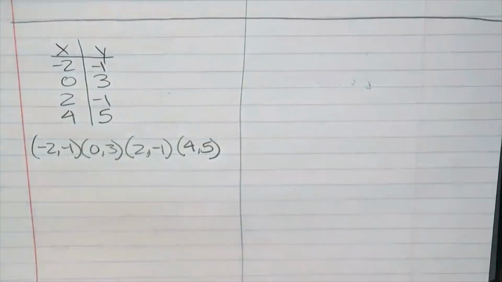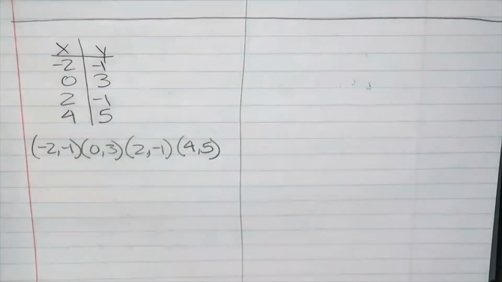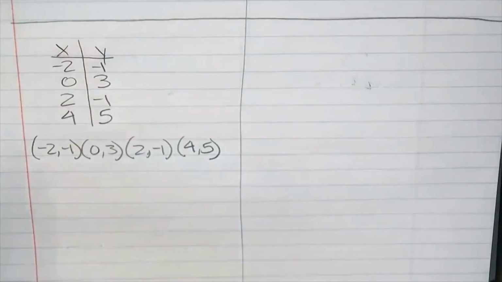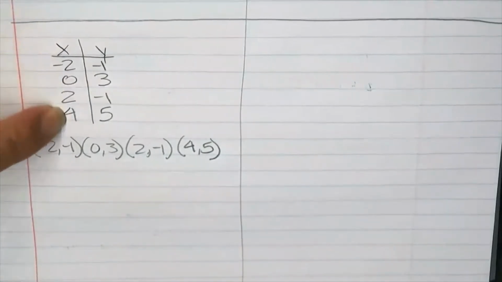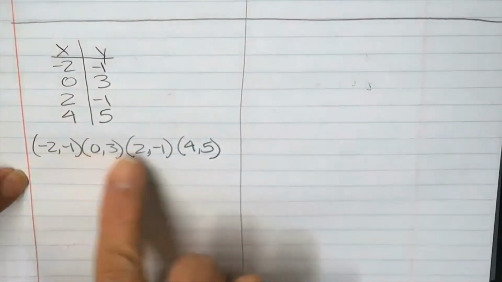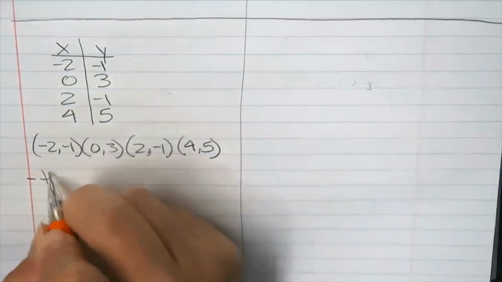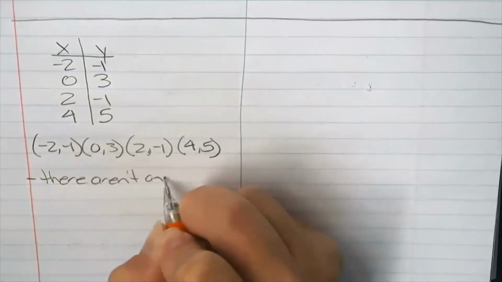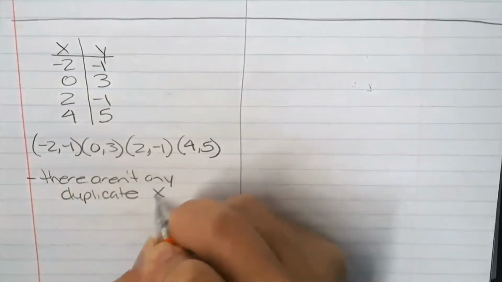So the definition of a function is every input, or x, has only one output. So we're looking at our x's. I'm looking for duplicate x's. I don't see any duplicate x's.